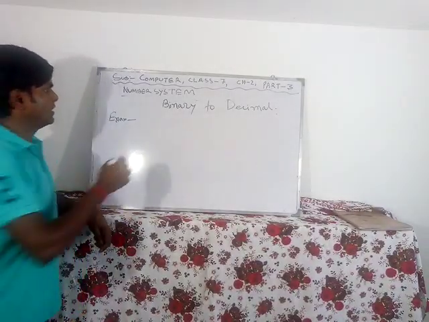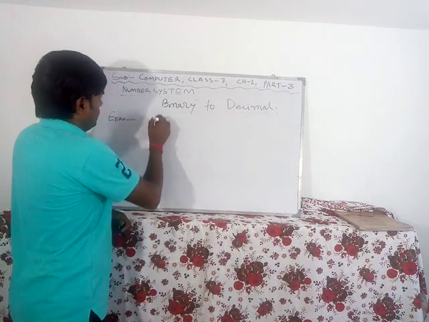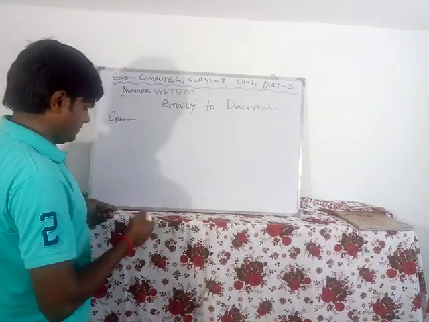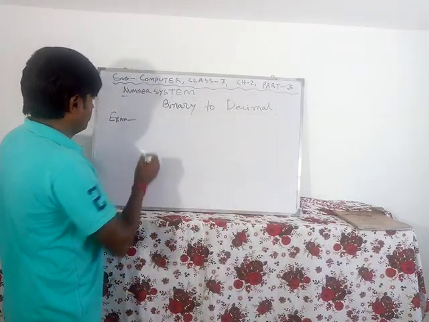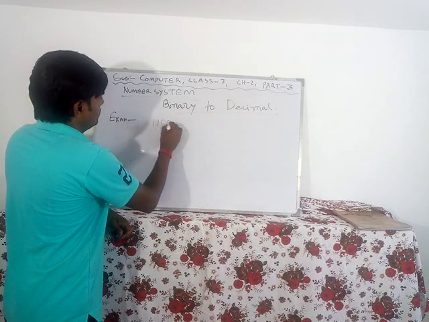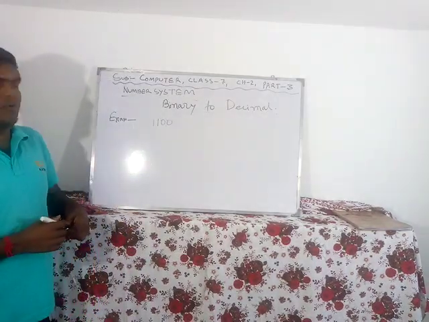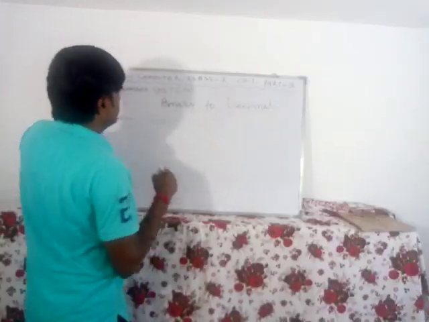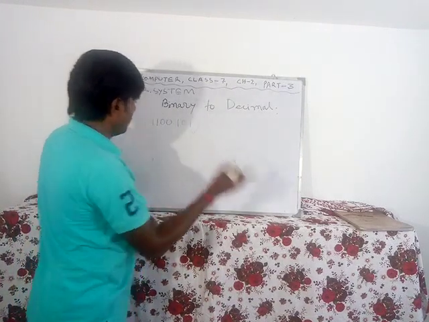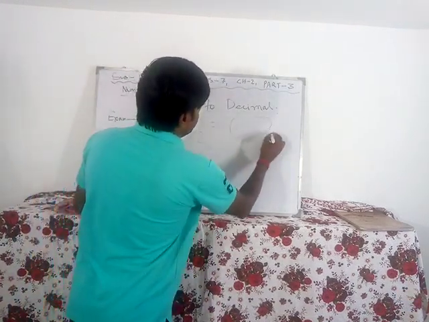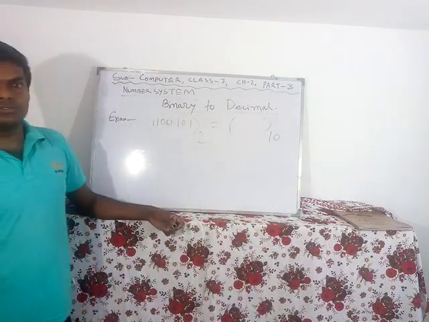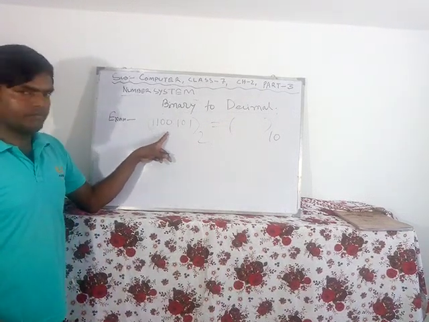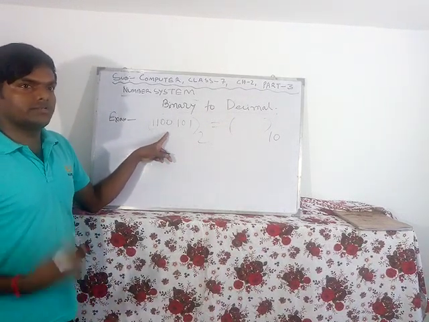Suppose I am taking 1100.101. We will convert binary to decimal. So this number is a float number, a fraction. How to solve this type of problem?